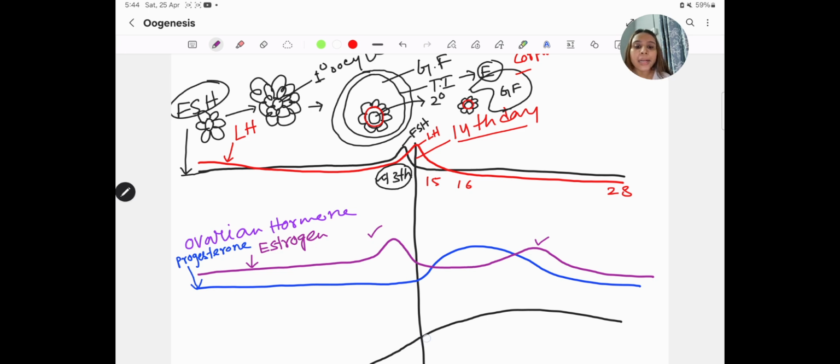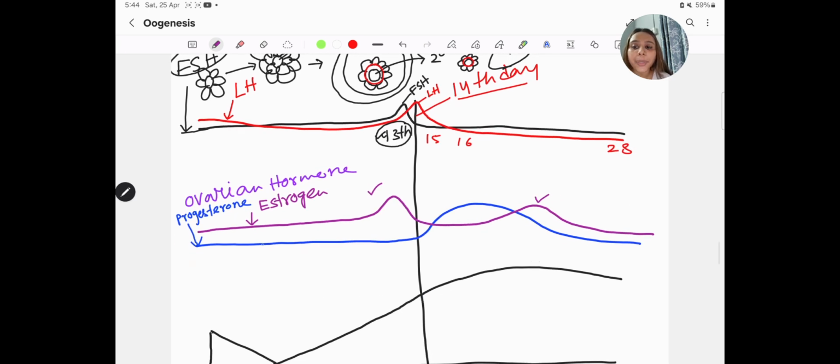Okay, and this is the peak of progesterone, that blue line, which is not found before ovulation. See, there is no peak of progesterone till the 14th day. After the 14th day, the progesterone level starts rising. Why? Because progesterone helps in the development of the endometrium layer.